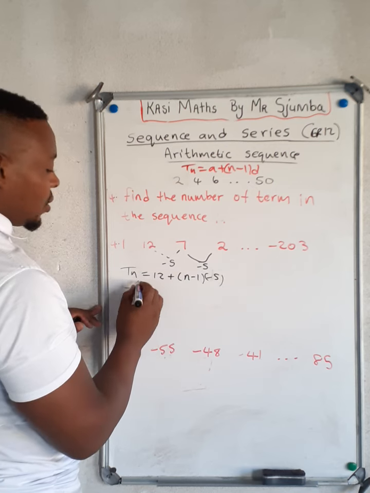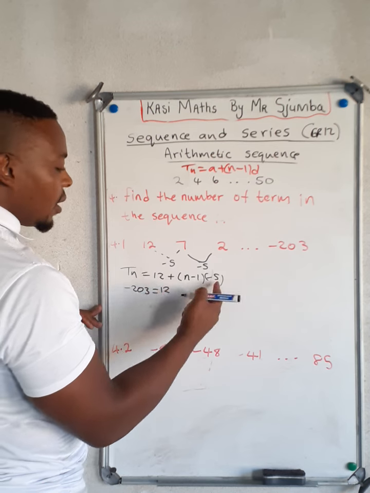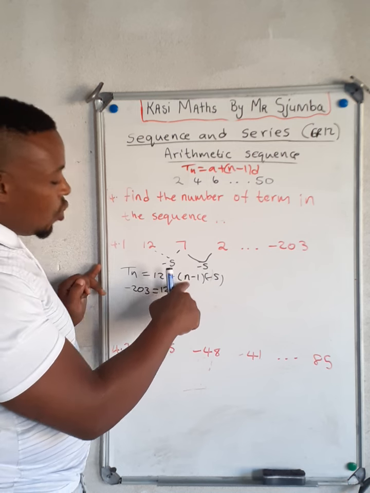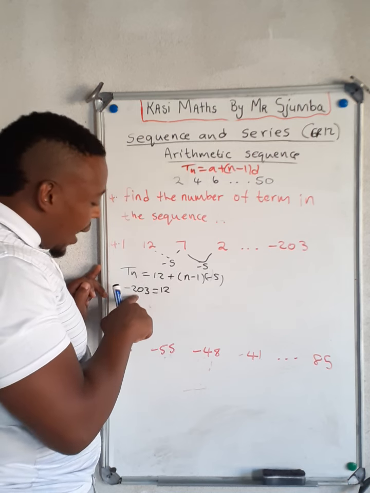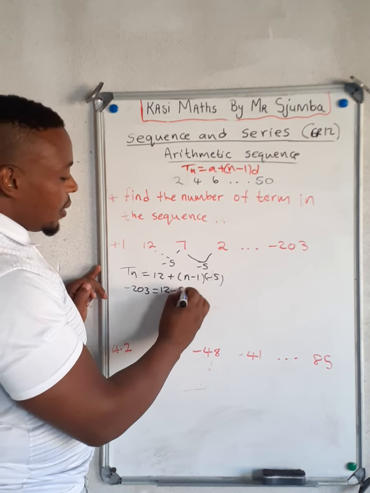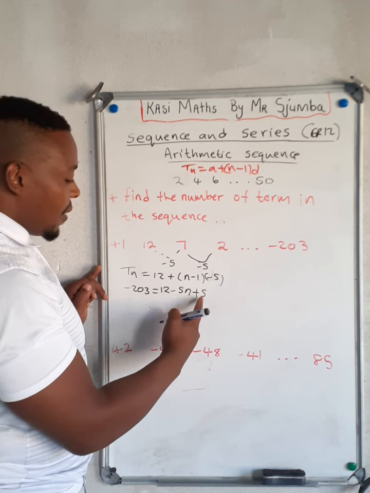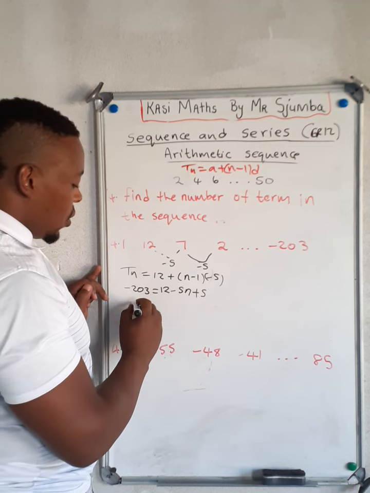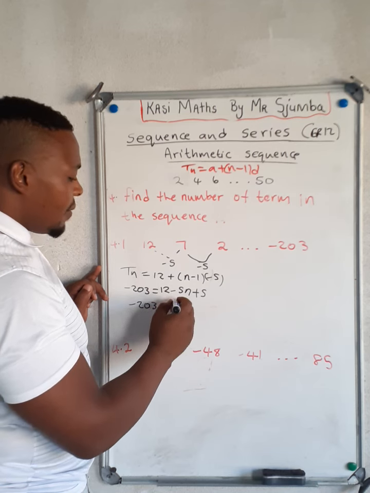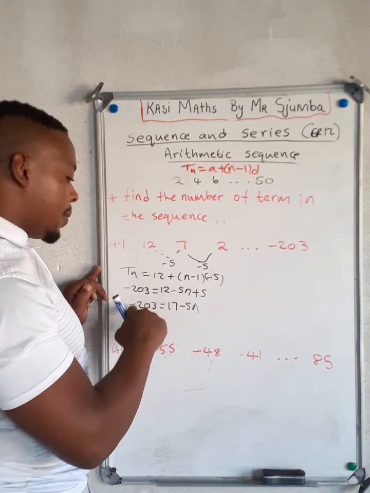So Tn is going to be minus 203, equals 12. So multiply out because we are solving for n. We want to know the position of minus 203. So minus times minus 5n, the minus times minus is going to be positive 5. Then 5 plus 12, so minus 203 equals 5 plus 12, which is 17, minus 5n. So 5n is on one side and 203 on the other.